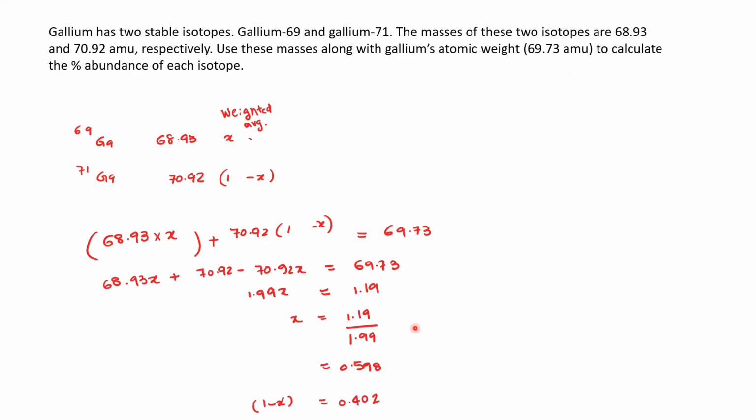By solving this equation, you will see that X is equal to 0.598 and 1 minus X is equal to 0.402. That makes the percentages gallium-69 59.8 and gallium-71 40.2.